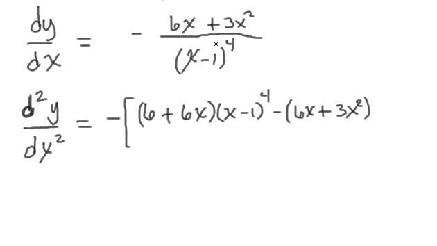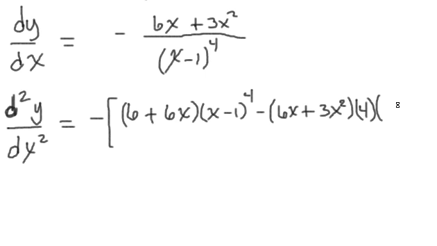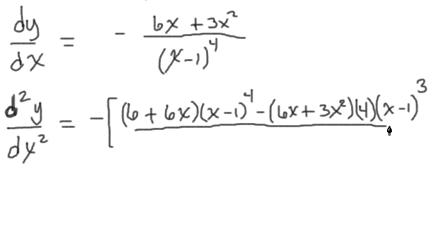Now we take the 4 and bring it out front, and I'll put the 4 right there in parentheses, and I've got to squeeze all this stuff in here. Alright, x minus 1, and of course subtracting 1 from 4 we get 3. Okay, and it's all over the denominator squared.